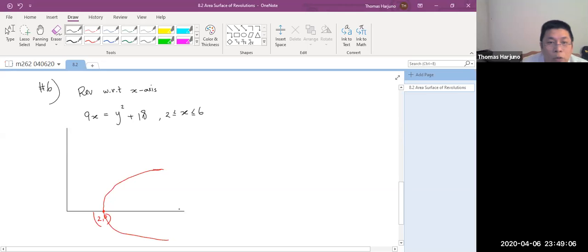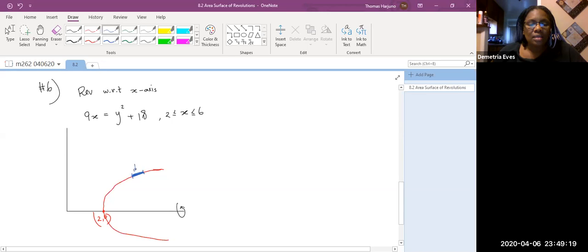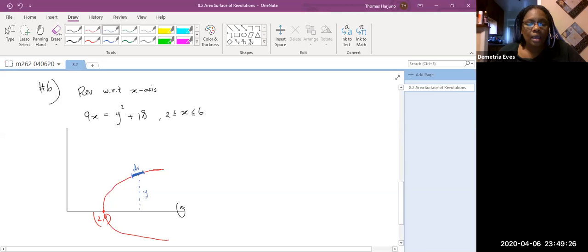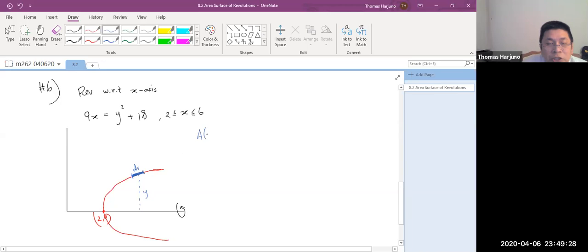Okay, then I want to revolve this with respect to the x-axis. So let me pick one segment there. Let's say I pick this segment. What is the length here? That's ds. And the radius is? Y. So the area of the shell will be 2 pi y ds.